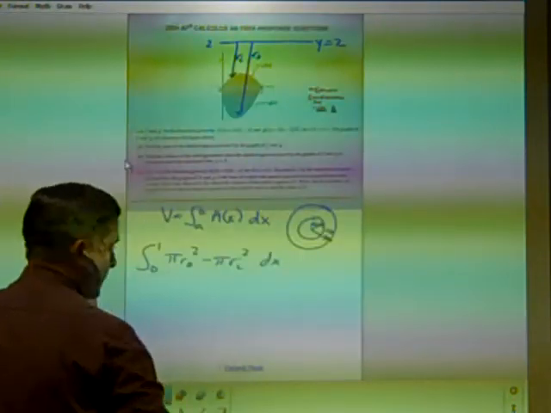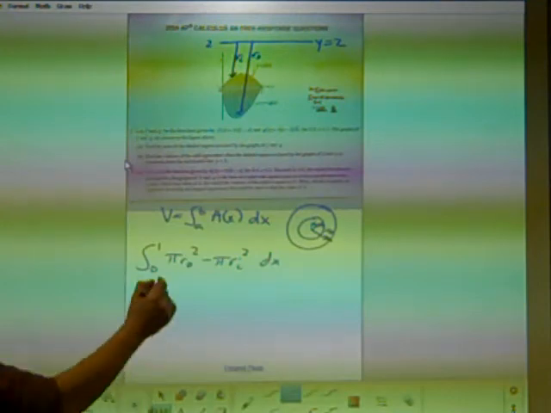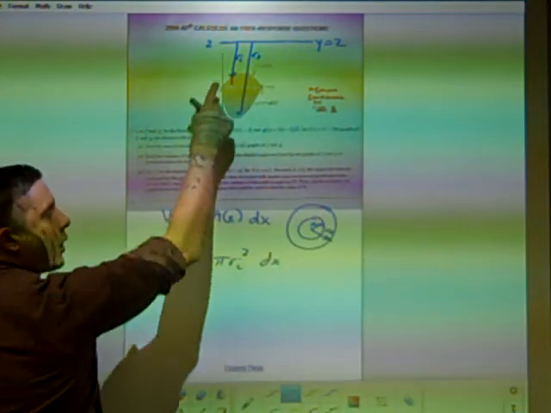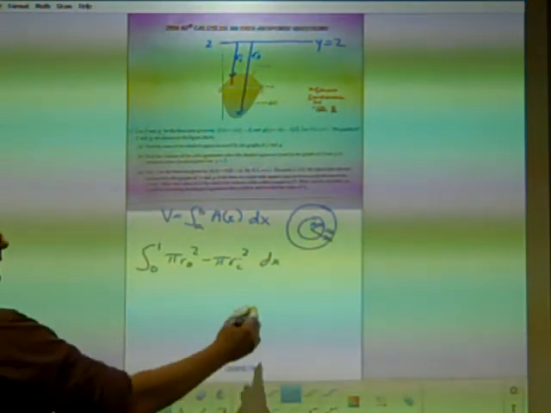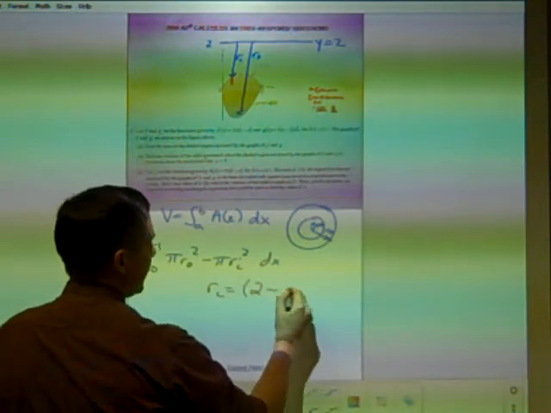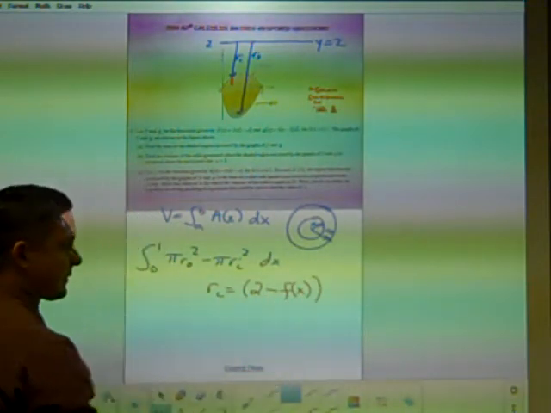You have to catch here that this distance right here is f of x. So when I look at Ri, I know f of x plus Ri equals 2. If you solve that for Ri, you're going to find that Ri is 2 minus f of x.